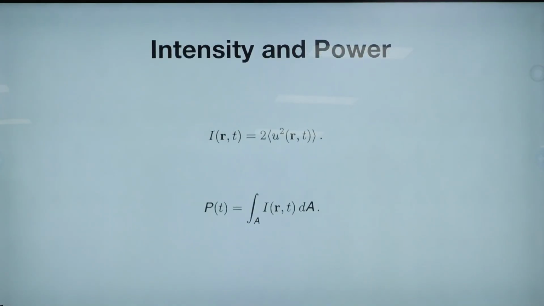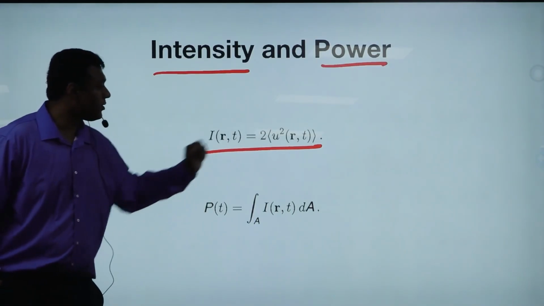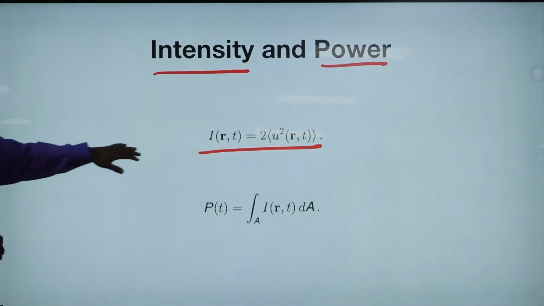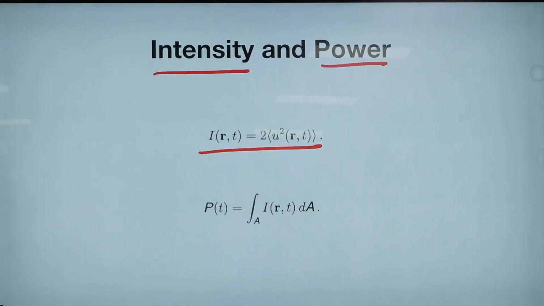Additionally, you define a couple of important parameters: intensity and power. So intensity is roughly speaking the magnitude square of the field. Okay, and then the power is, that's a good question. We'll get back to that a little later.